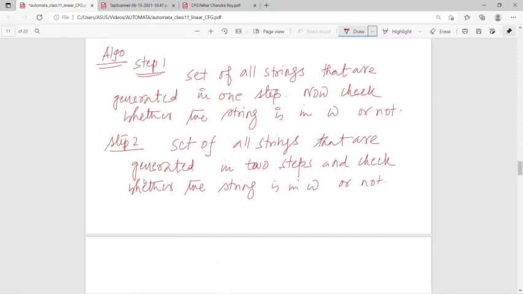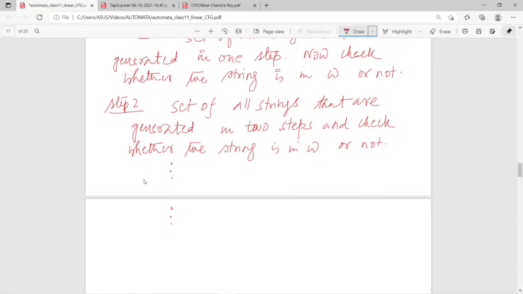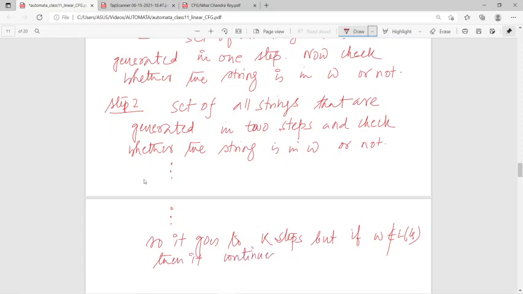So then it goes on like that, up to k steps. But if after k steps we find that the particular string does not belong to the language, then it continues, and might go to infinite length.